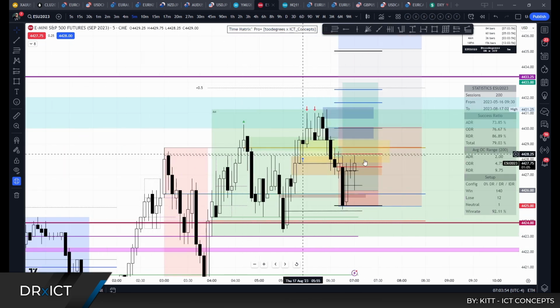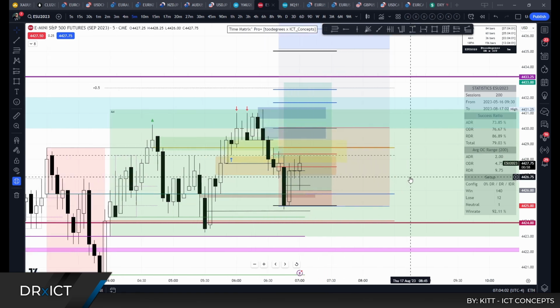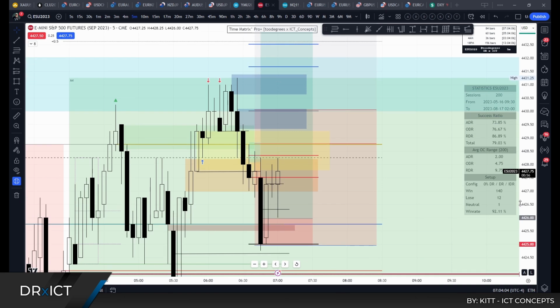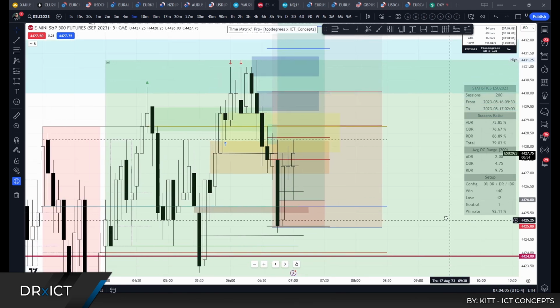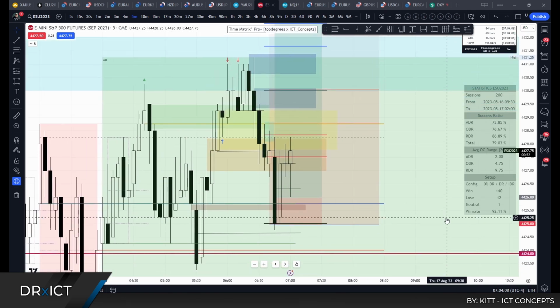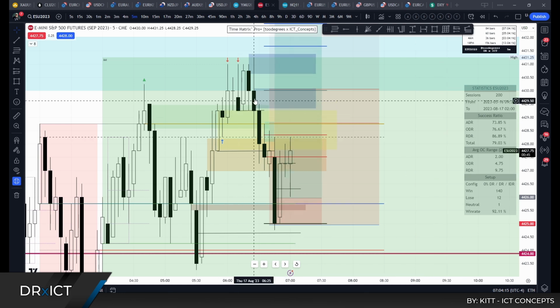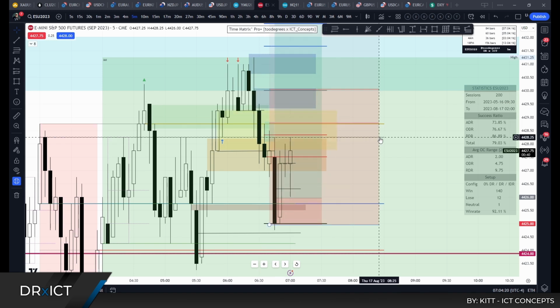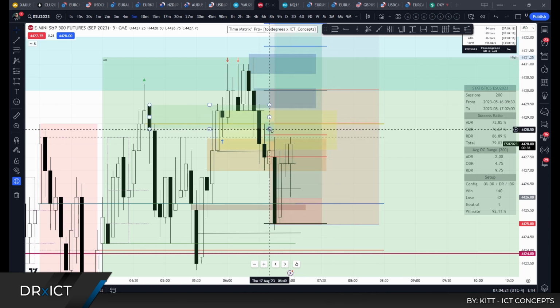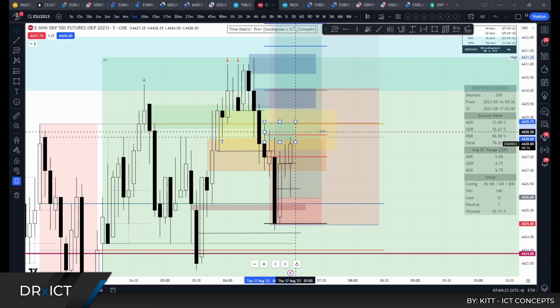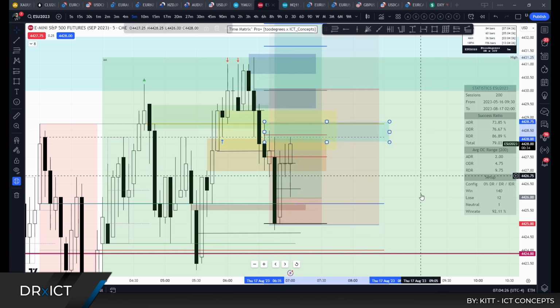Got the IDR here, kind of acting as support a little bit. Or resistance, I guess would be the better word. I got so many points of interest here for y'all to see.